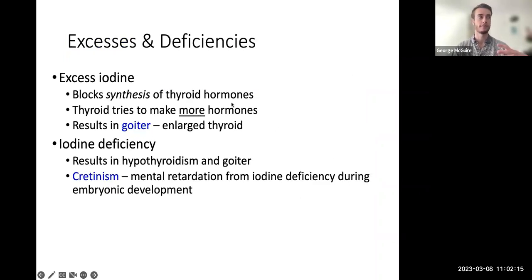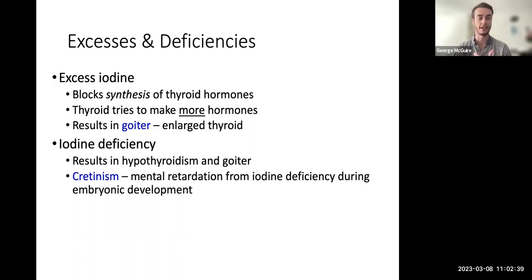And so having too much or too little of this is going to play a role either way, because again, this is regulating metabolism, and metabolism is our production of energy and our production and breakdown of all molecules in our body. So anything that's going to affect that in such a wide range, such as what iodine does, is going to cause deficiencies when there's too little and too much.